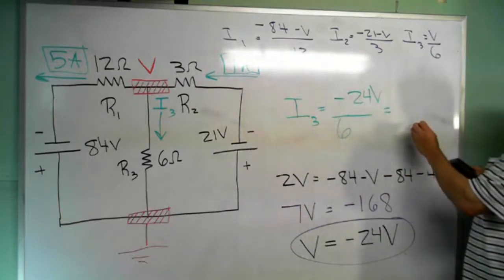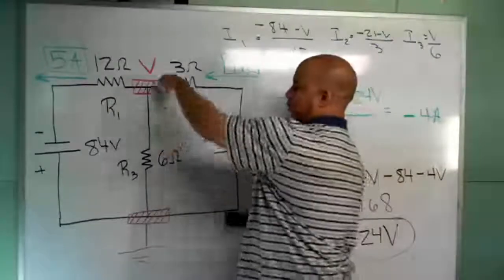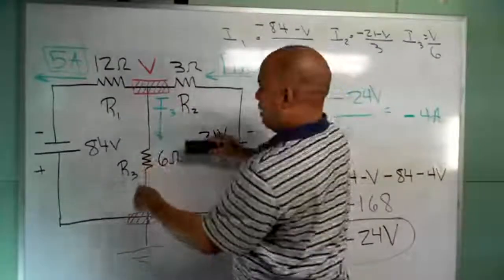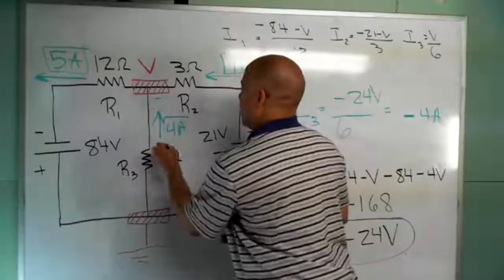So that's going to give me negative 4 amps. And I'm looking at this, so instead of going this way, I got to flip that up the other way. And so I got 4 amps going up instead of down.